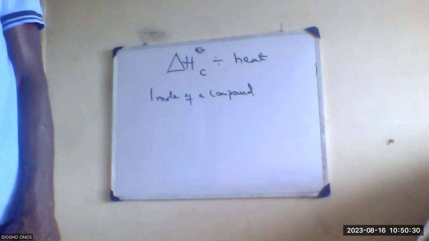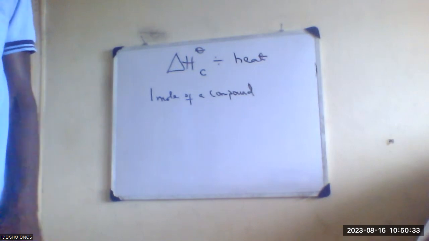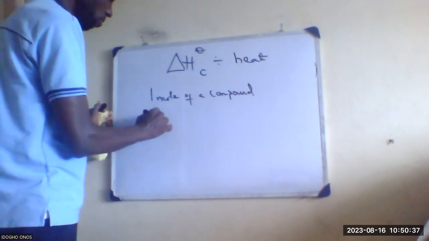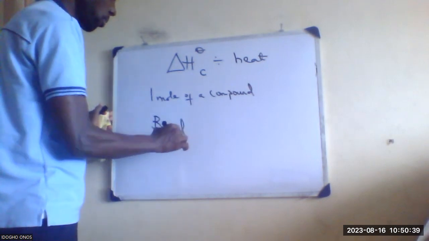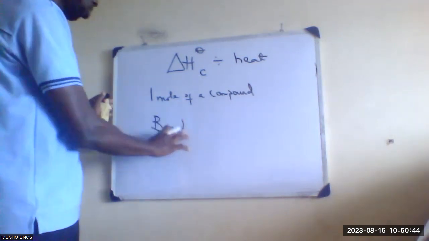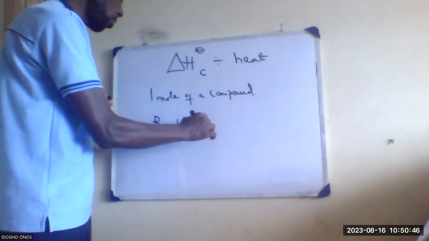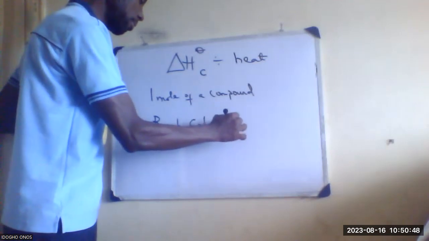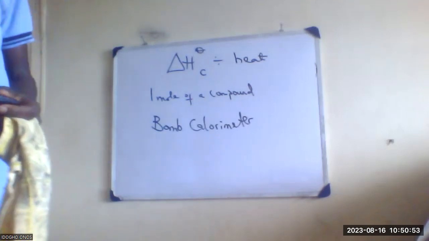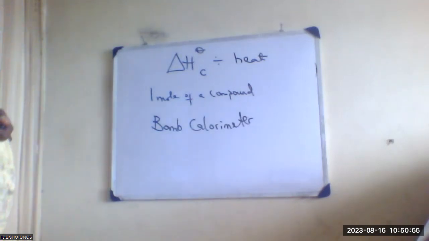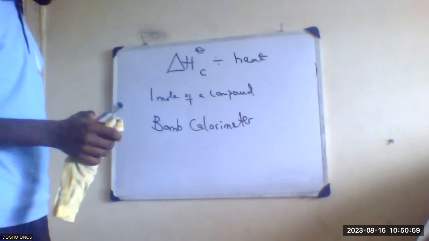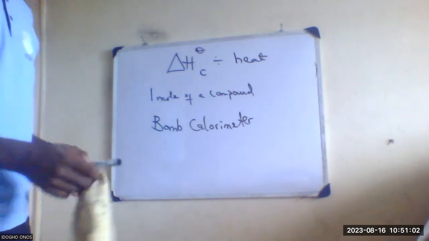Okay, the device used for determining heat of combustion is the bomb calorimeter. Do you get that?